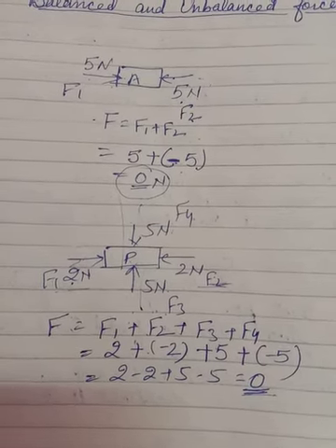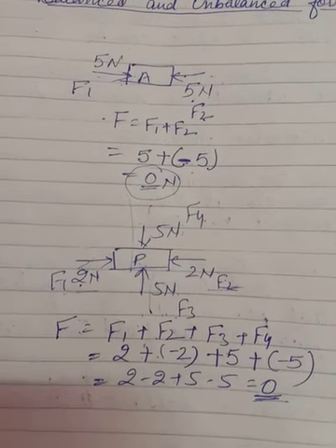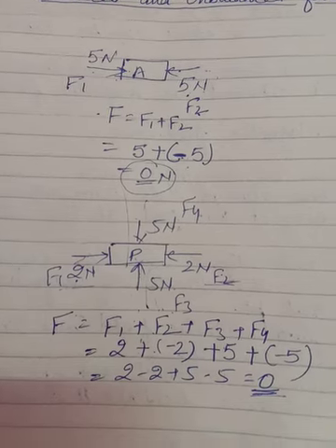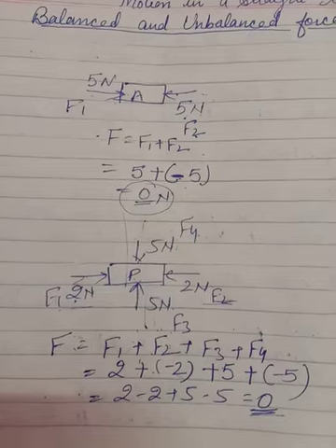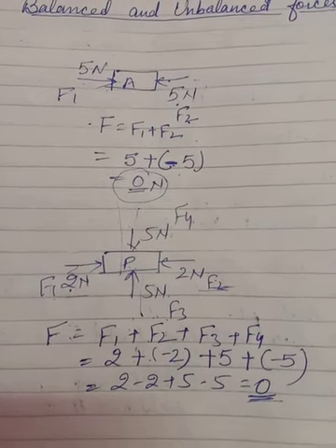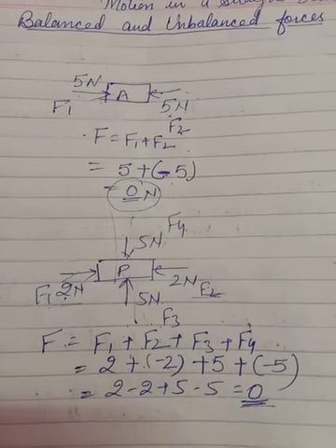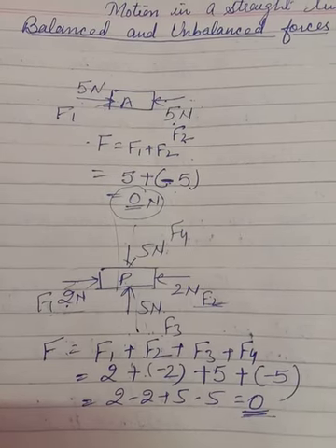If the object is at rest, it will remain at rest. If it is moving, then it will continue its motion without any change in its speed or velocity. Balanced forces can only change the shape and size of an object, but have no impact on the state of motion of an object.